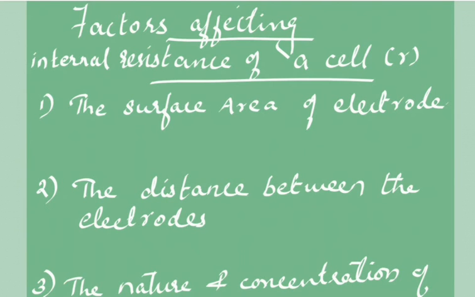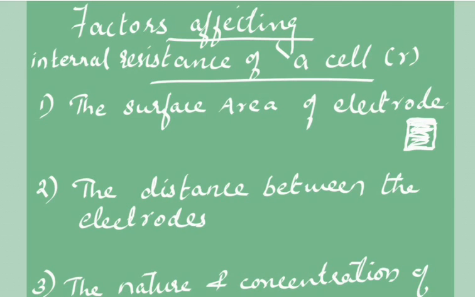We'll see the factors affecting internal resistance of a cell. There are 4 factors that affect the internal resistance of the cell. The first one is the surface area of the electrode. We have cathode and anode, which are made of metal, and that metal will have a particular surface area.